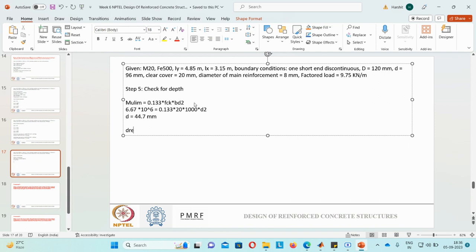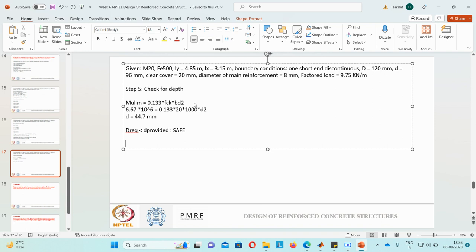So d required is less than d provided, so we are good to go ahead. We are safe to go ahead.